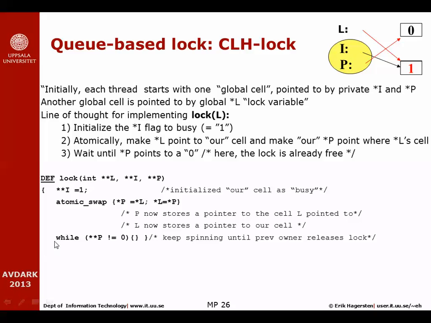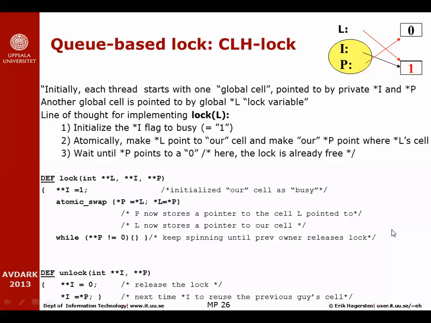And then we say, while whatever P is pointing to is not 0, keep spinning. Okay. So that's the lock. So this is 3 lines of code, and it's hard for me to figure out what's going on here. I still always have to write these kinds of comments to figure out what's going on.